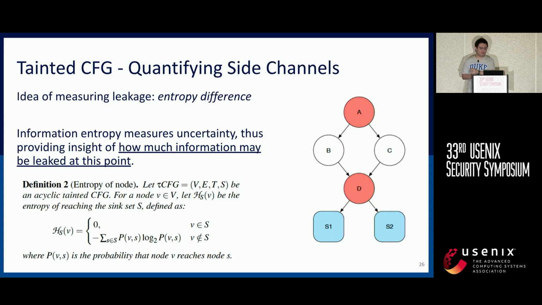For an automated approach to tackle this problem, we introduce our novel measure of information leakage by the entropy difference. Information entropy measures uncertainty, so it gives insights on how much information could be leaked at a certain program state.